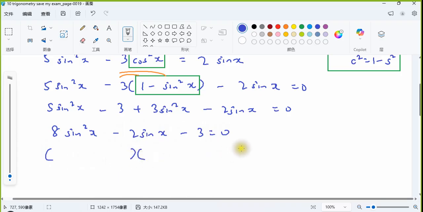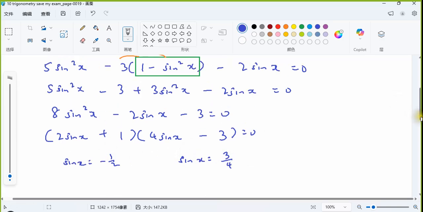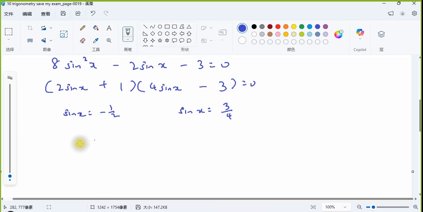And then we do the factorization. So we have the 2 sine x and the 4 sine x. 3 times 2 is 6, minus 6 plus 4. So we have sine x is negative half and sine x is 3 over 4. The range is 0 until 360, in degrees.